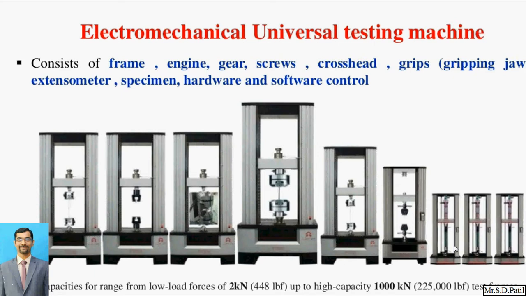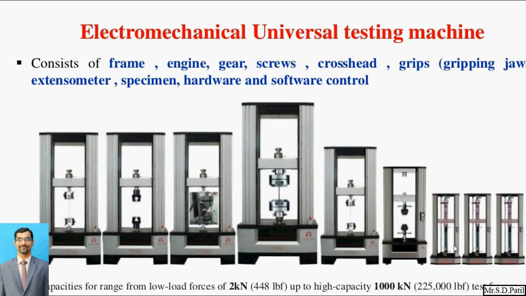The capacity of these UTMs varies from 2 kilonewton, the lowest capacity, to 1000 kilonewton, the highest. So machines vary accordingly.